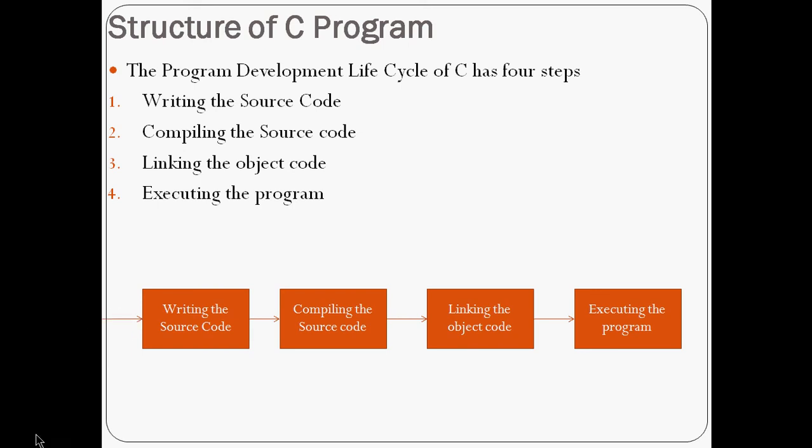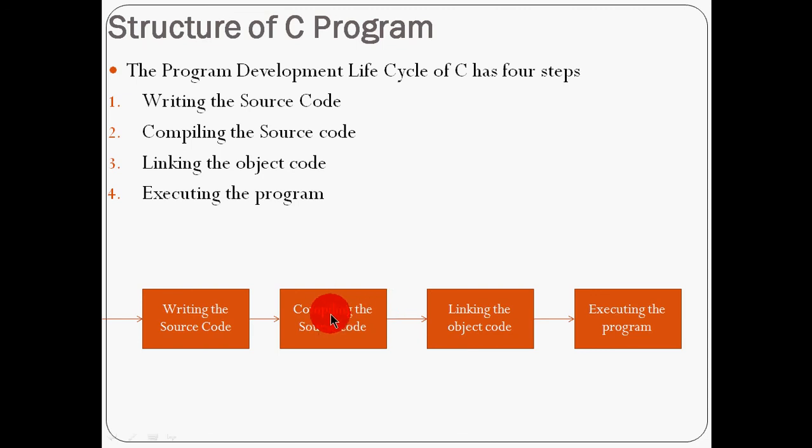Once you have written your program, you forward it for the compilation process. Compilation is a process in which you find out how many errors are available inside your code.